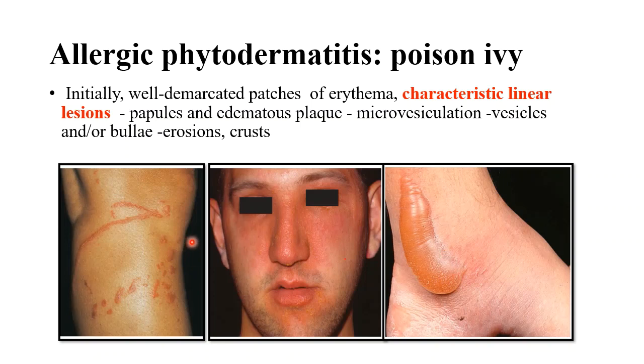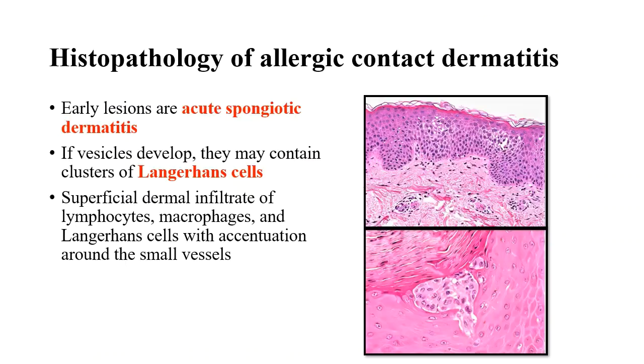In this first picture, we see linear vesicular lesions with erythema and also we can see the edema on the calf. This is at the site of direct contact to the skin, which occurred 5 days after exposure to the poison ivy leaves. In this second picture, we can see erythema, edema and microvesiculation in the periorbital and perioral area. This is in a previously sensitized individual.